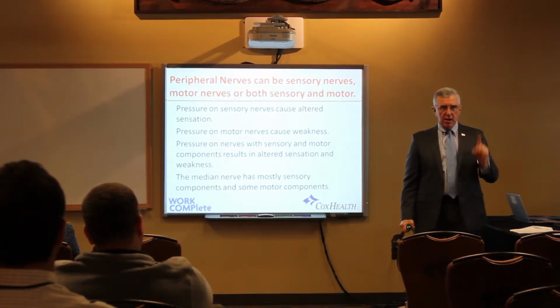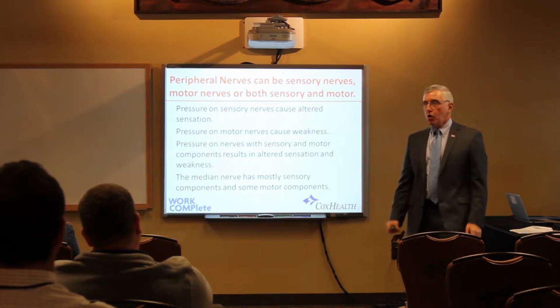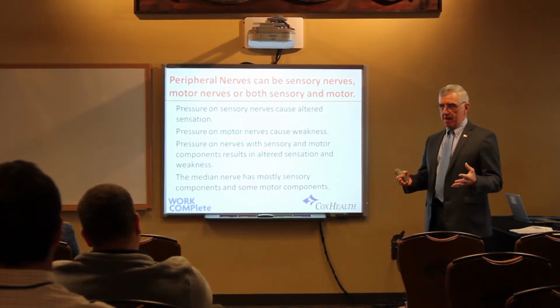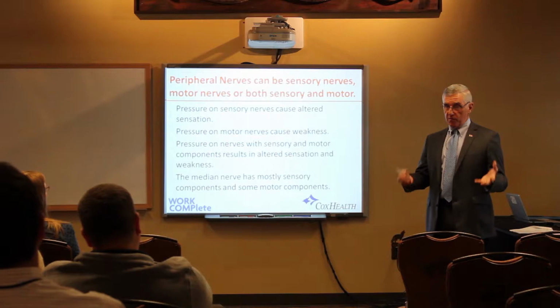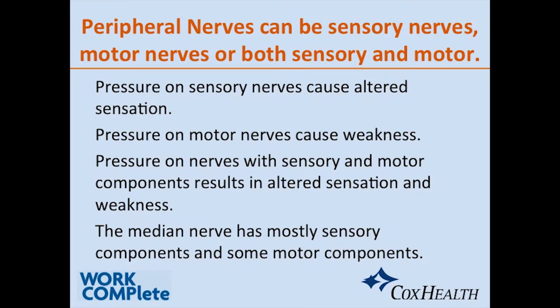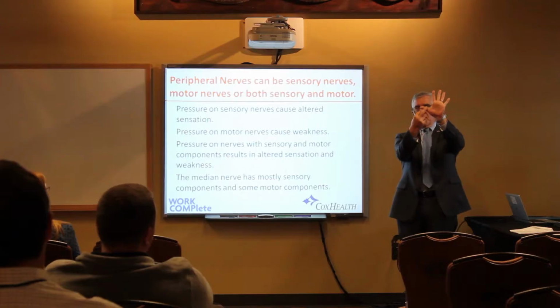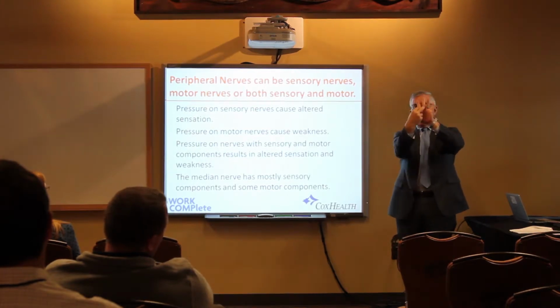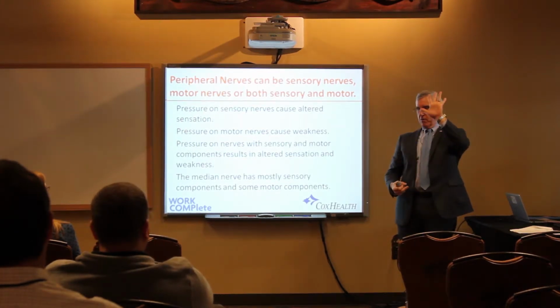It's usually an indication that the carpal tunnel syndrome has been present for a long time, and it is probably severe carpal tunnel. Now, the median nerve has primarily sensory components. That is, it provides sensation on the palm of the hand to the thumb, index, long, and the radial side of the ring finger, okay?